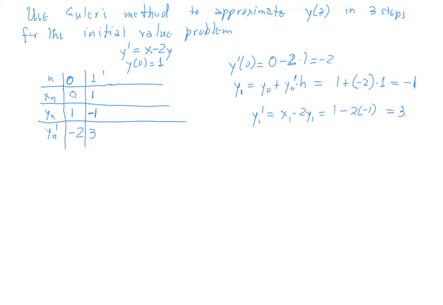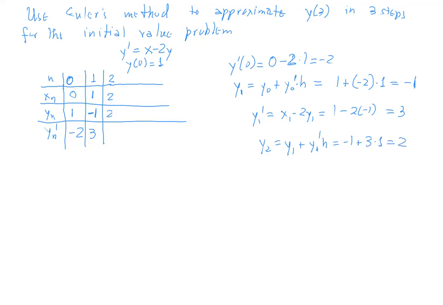Okay, one more step, n equals 2. We will have xn here is 2. y2 will be y1 plus y1 prime times h, which in our case is y1, which we said was negative 1, plus 3 times step, which will give you 2.